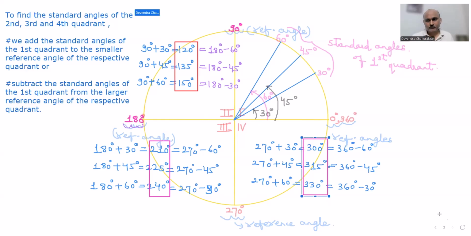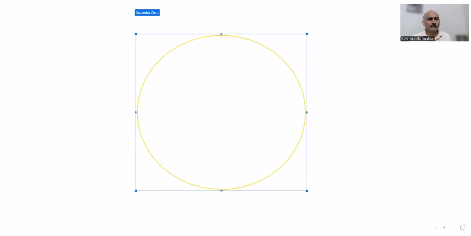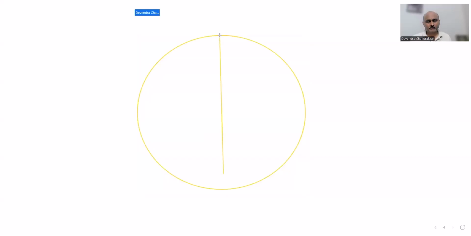So now, once we are aware about the angles, let's learn about the quadrants, more attributes of quadrants. Okay. So again, I draw these quadrants here.